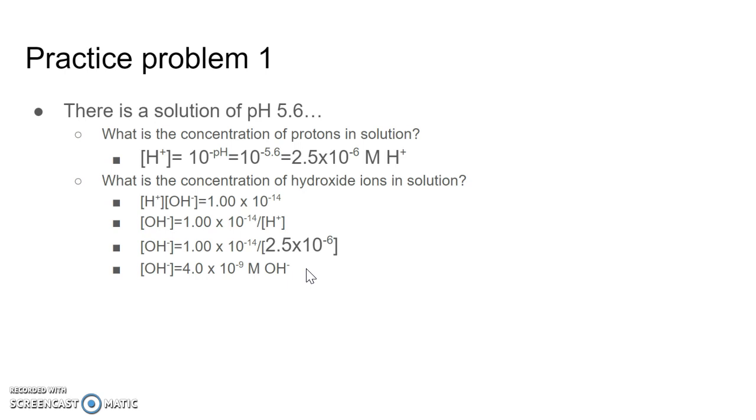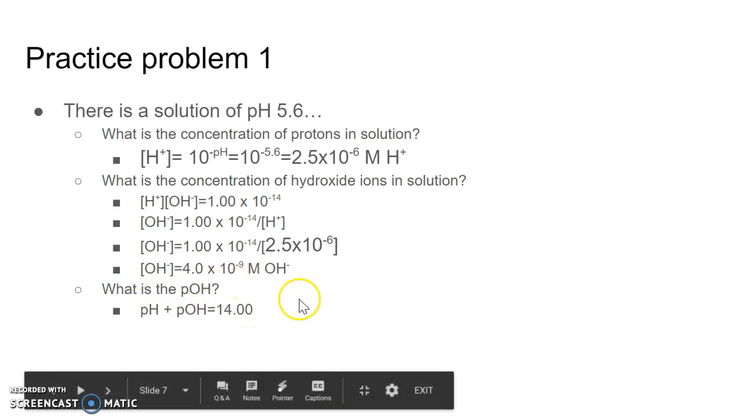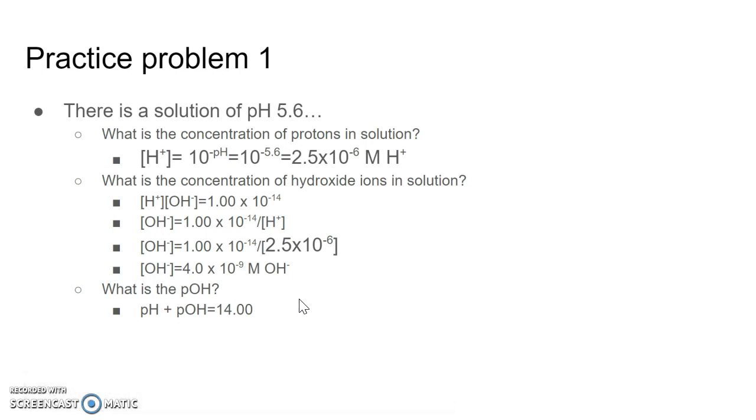Cool. All right. So for pOH, there's a few different ways. If you wanted, you could use this at this point to calculate the pOH. But just to double check myself, I chose to use this: the pH plus the pOH equals 14.00. So then I plugged in the pH and solved for the pOH, about 8.4.